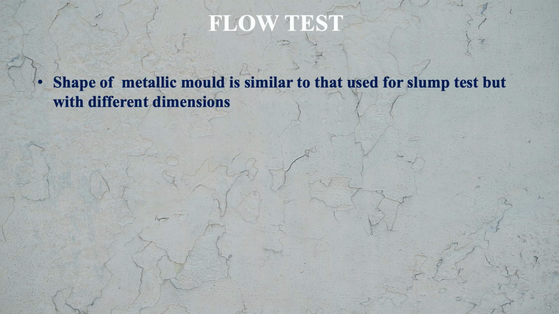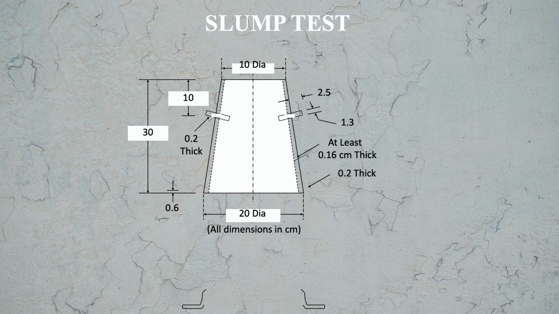As you saw in the picture, the shape of the metallic mold is similar to the mold that we use in the slump test. The only difference is the dimensions. If you remember, in the slump test the top diameter was 100 mm, the bottom diameter was 200 mm, and the height of the mold was 300 mm.